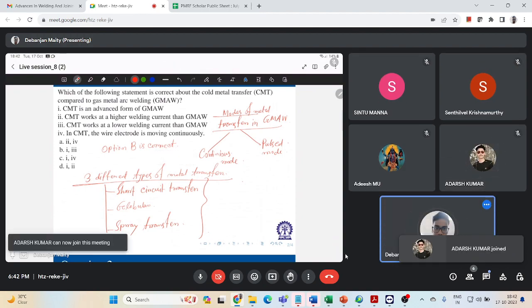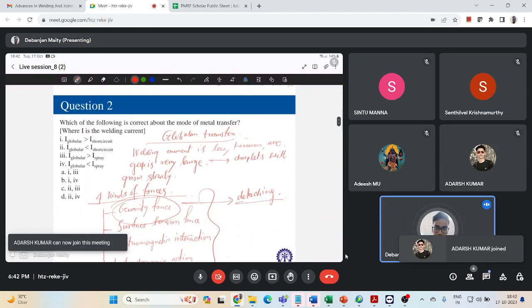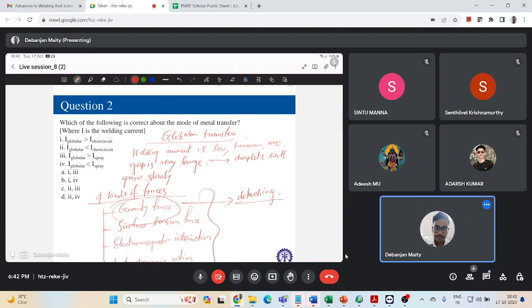Then you have the next question. It says which of the following is correct about the mode of metal transfer, where I is the welding current. Let's go through the four options and see which should be the correct one. Option B is correct.